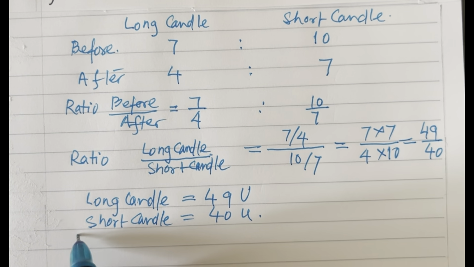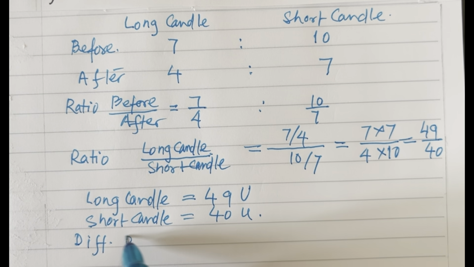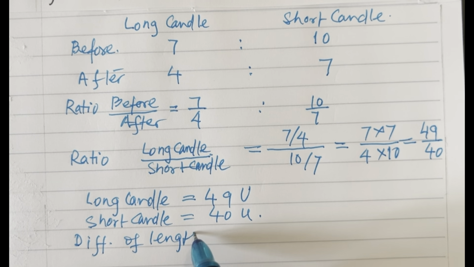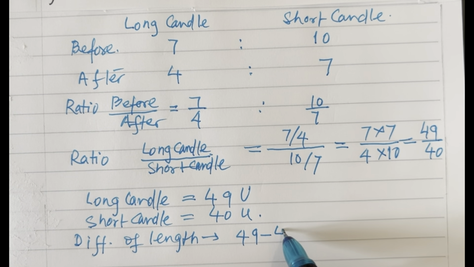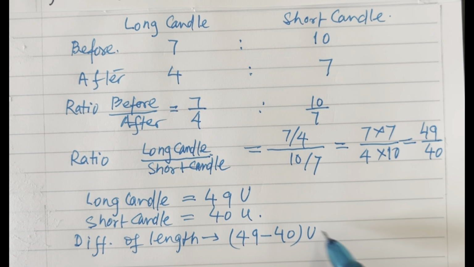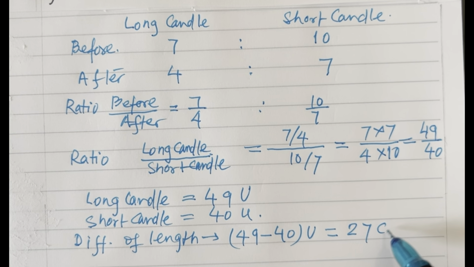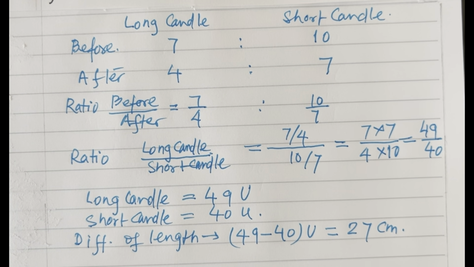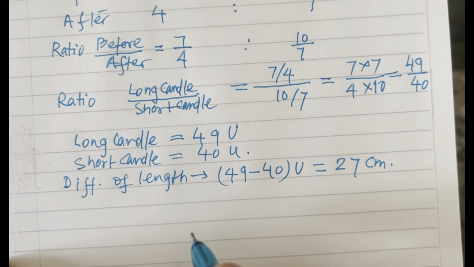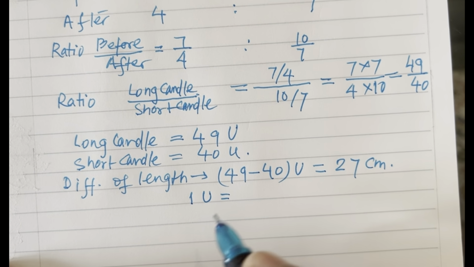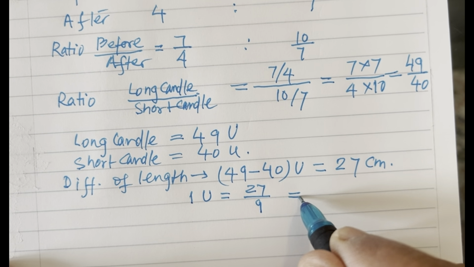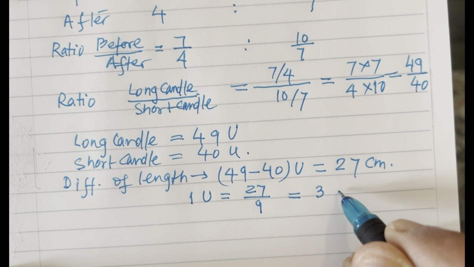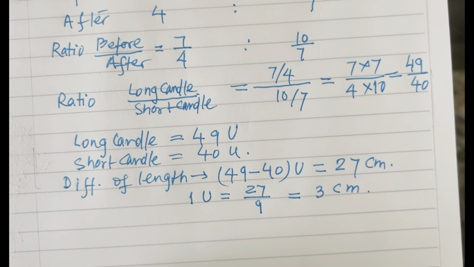The difference of length therefore is 49 minus 40 units and this is equal to 27 centimeters. Correct? So from this, 1 unit equals 27/9, that makes it 3 centimeters.